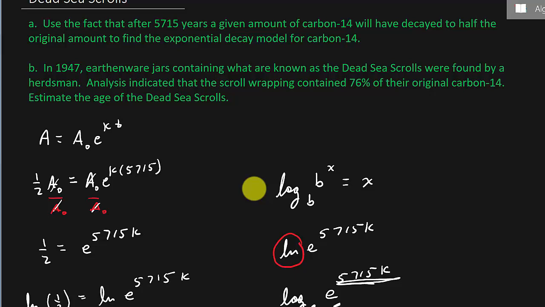Analysis indicated that the scroll wrapping contained 76% of their original carbon-14. Estimate the age of the Dead Sea Scrolls. So when they found them in 1947, it had 76% of their original carbon-14.